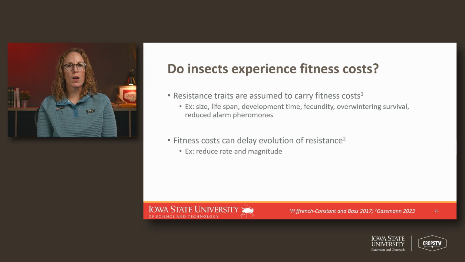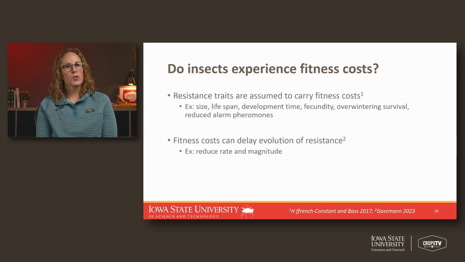Maybe they don't live as long, or it takes them longer to become an adult. They don't produce as many offspring. They lose some of their cold hardiness and they're not able to survive our cold Iowa winters, or they have a reduction in alarm pheromones. So they don't respond to those environmental cues like temperature, reduced food quality, or the presence of predators.